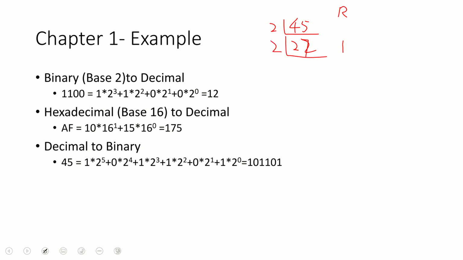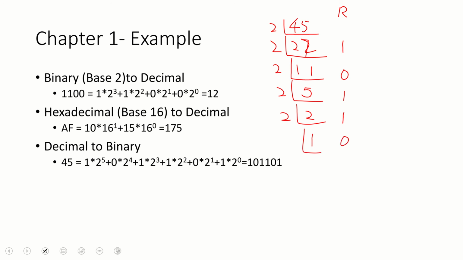Then 22 divided by 2 is 11, with no remainder, so put 0. Then 11 divided by 2 is 5, remainder is 1. Then 5 divided by 2 is 2, we have remainder 1. Then 2 divided by 2 is 1, so remainder is 0.